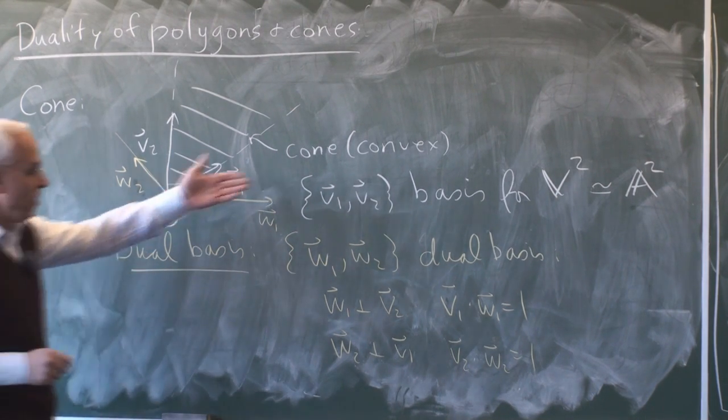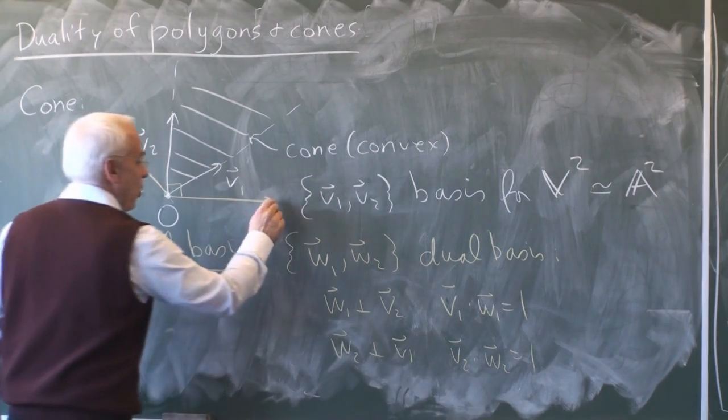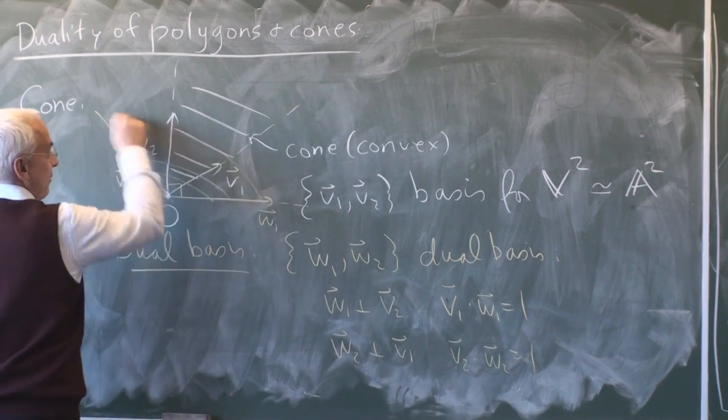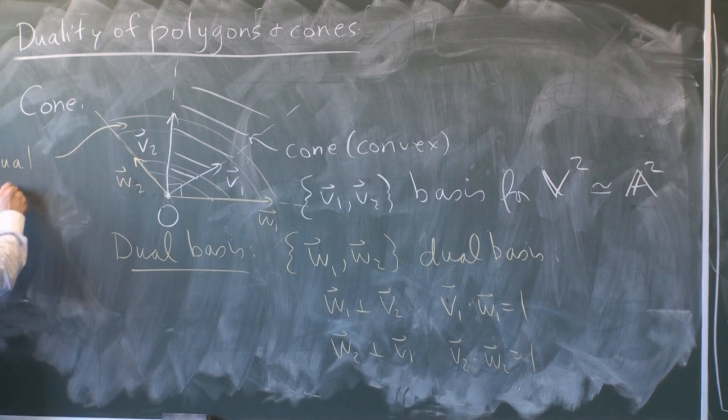That's the notion of going from a basis to a dual basis. And of course, now that we have that dual basis, we can talk about its convex hull, or the cone generated by it, which in yellow will be all of this. So that will be the dual cone.